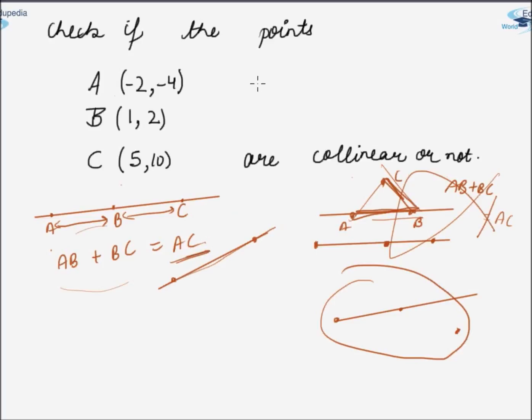So let us check these distances and state if the points are collinear or not. So first of all, for distance AB, let us denote the point A as x1, y1, point B as x2, y2 and point C as x3, y3.